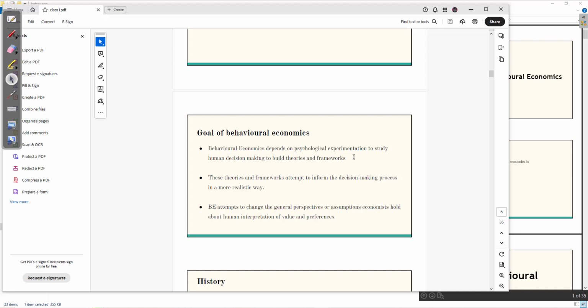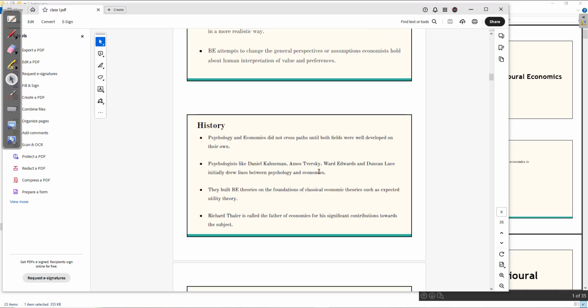These theories and frameworks attempt to inform the decision making process in a more realistic way, that is, how you make decisions in a practical situation, as opposed to a bookish scenario. Behavioral economics attempts to change the general perspective or assumptions economists hold about human interpretations of value and preferences.